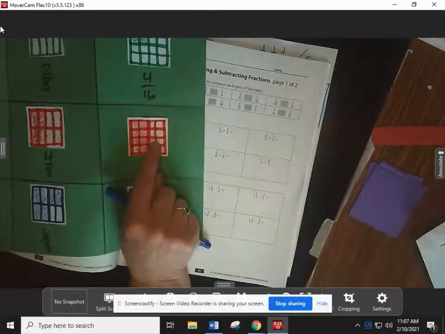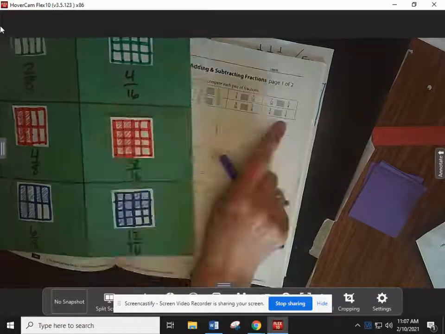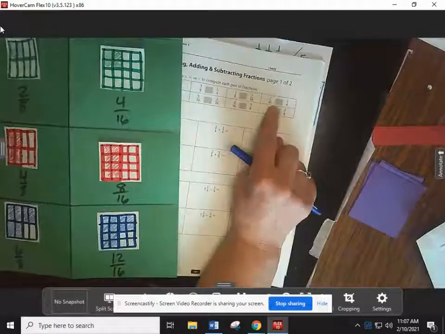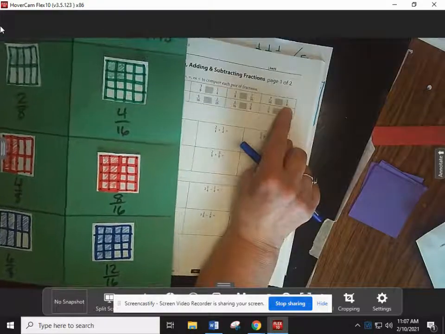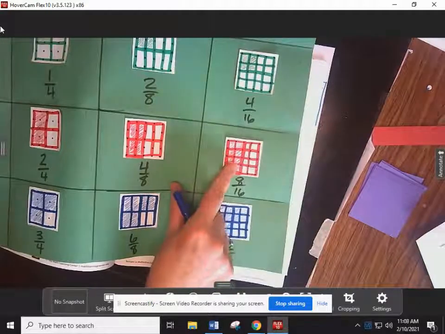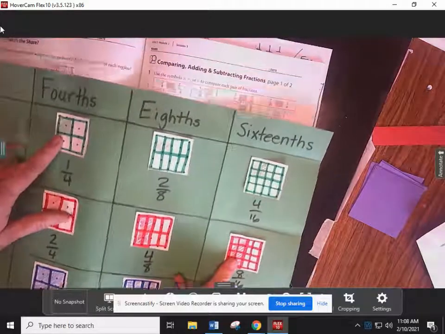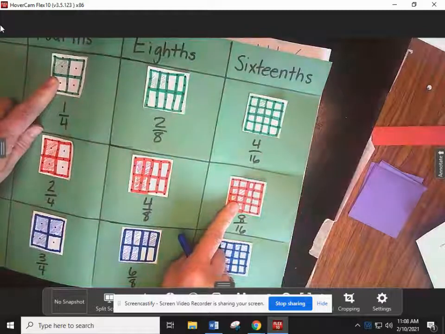What should I do? If this is 7/16 and I need to look at 1/4, how can I use this chart to help me figure out if 7/16 is bigger than 1/4? Or if 1/4 is bigger than 7/16?